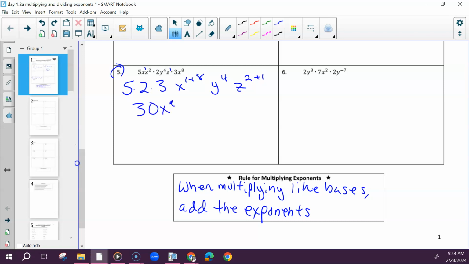X to the ninth, y to the fourth, z to the third. Now again, you could have skipped this step and went from here to here. But if you need to do this, that is also okay. Other questions on this page?